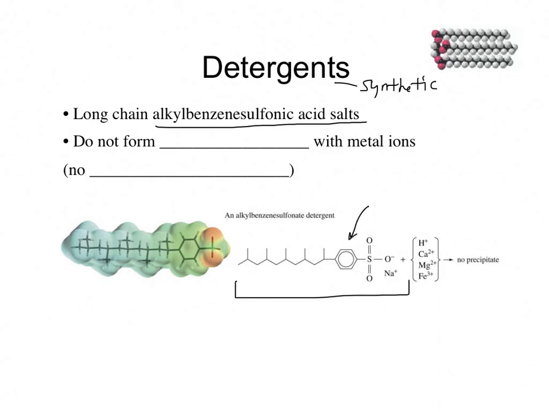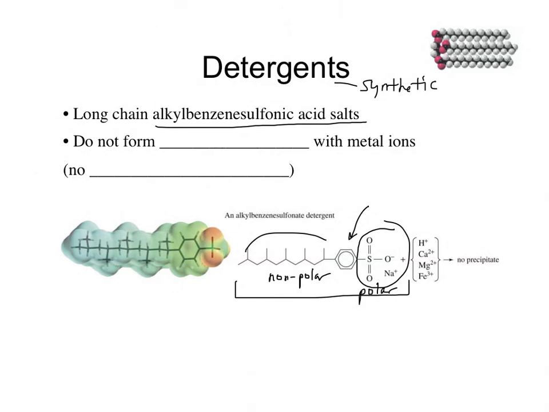There's the benzene, there's the alkyl, so that's the alkyl benzene. The sulfonic acid part is right there. You can see that it's very related to a soap. You have a non-polar tail, and then you have a very polar salt-like end to it. So it's going to behave very similarly to a soap.